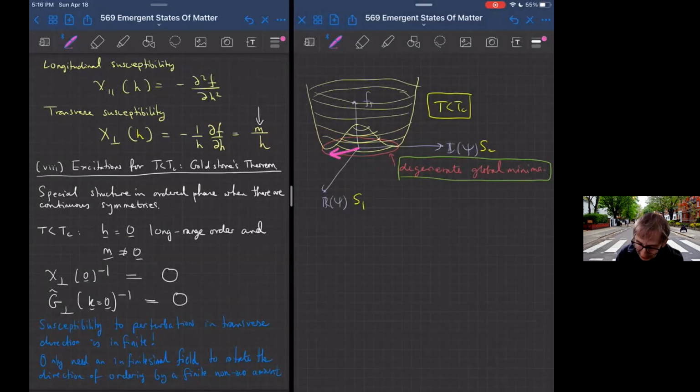Then in order to rotate the direction of ordering to somewhere over here, let's say, it costs no energy to do that.